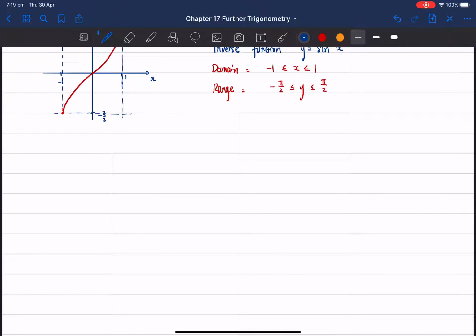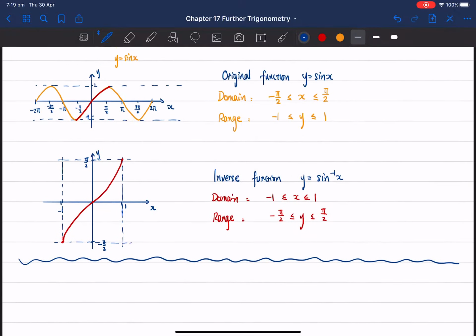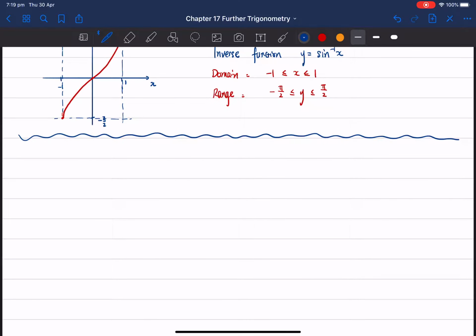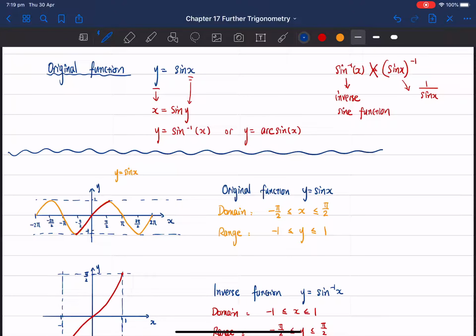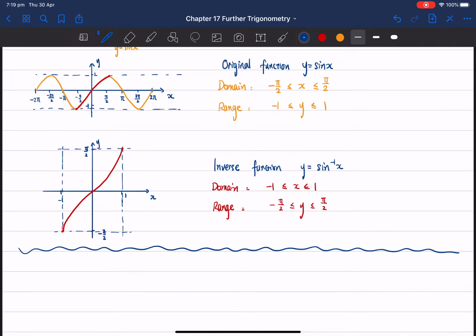All right, let's start. So here, this is y equals sine x, and y equals sine inverse x. Let's just put it here, so it's a bit easier for everyone to see.